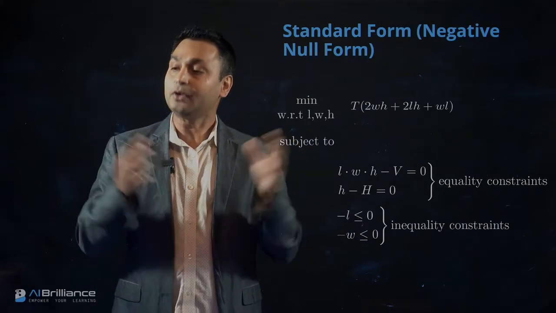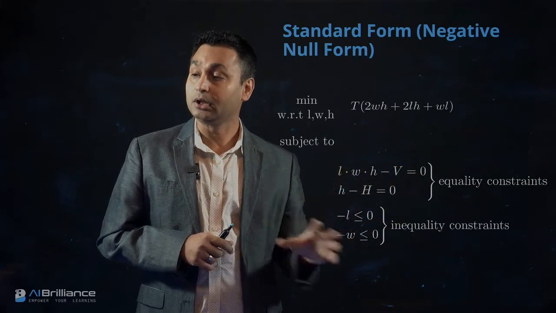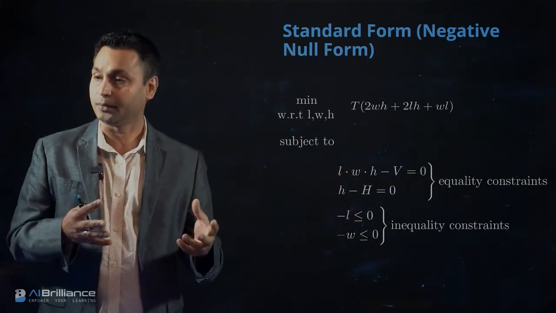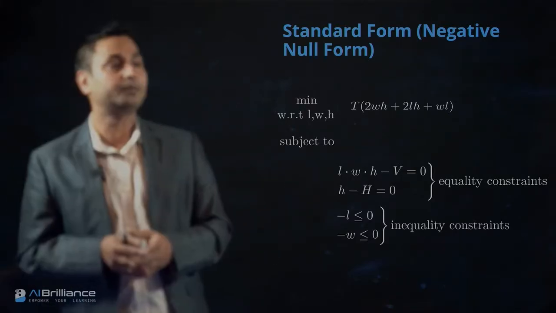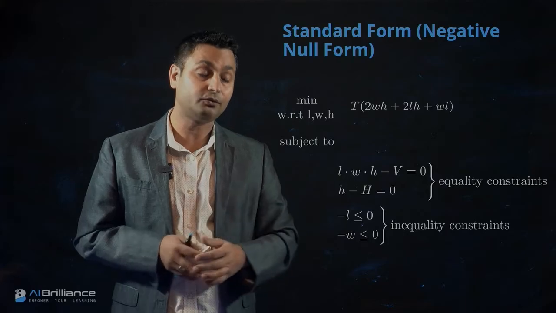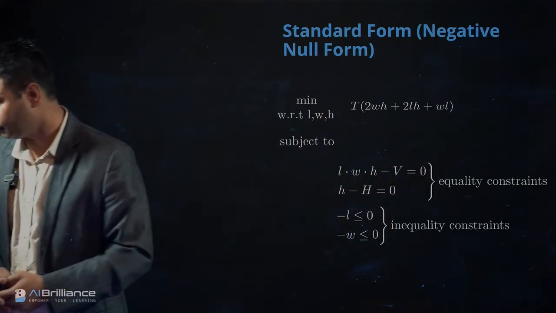As we proceed, you will see how equality and inequality constraints affect the solution of the problem. So that's some background information about optimization: the negative null form I described, and equality and inequality constraints.